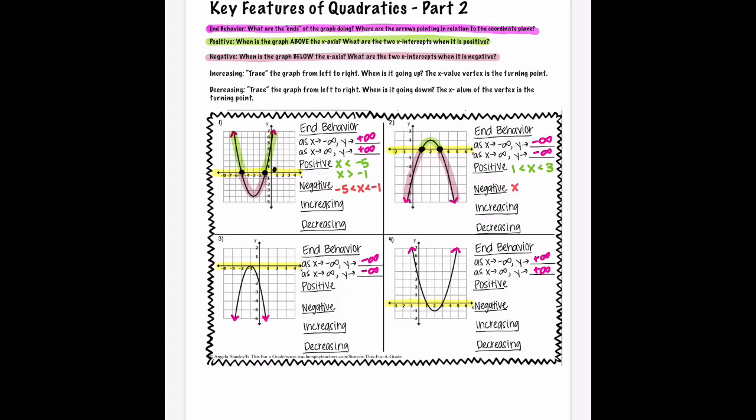So when x is less than 1, but also on this side of the graph, all of these y values are negative, right? So at all of these x values from the point 3 moving to the right, this graph is negative there also. So when x is bigger than 3.